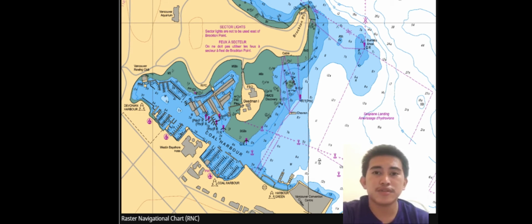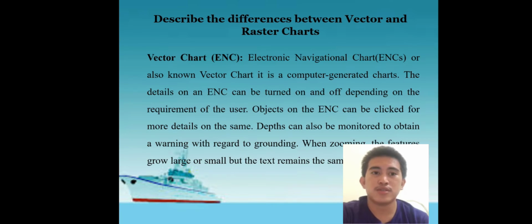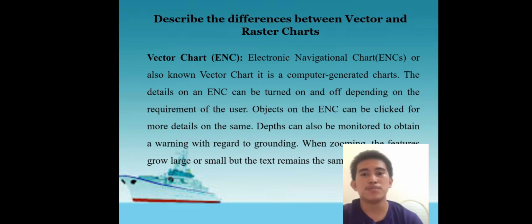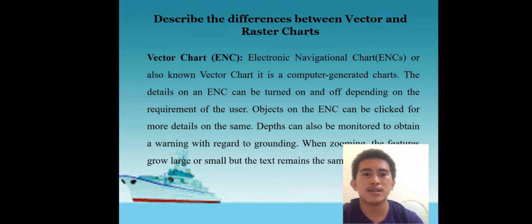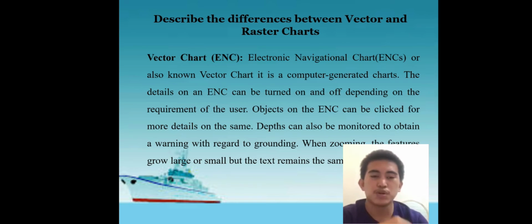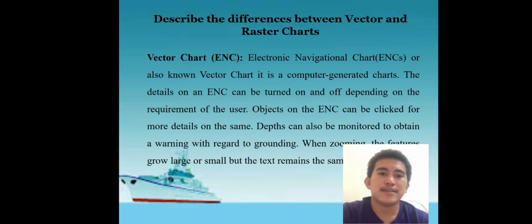Good afternoon, sir. I am James Cora Morales, and I will continue the report to describe the differences between vector and raster charts. We all know vector charts are electronic navigational charts, or what we call ENCs.